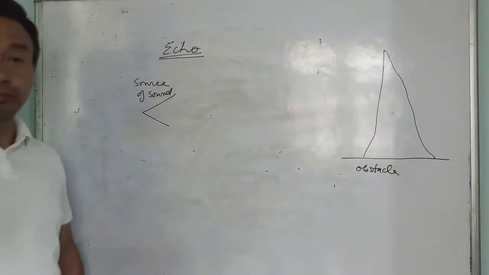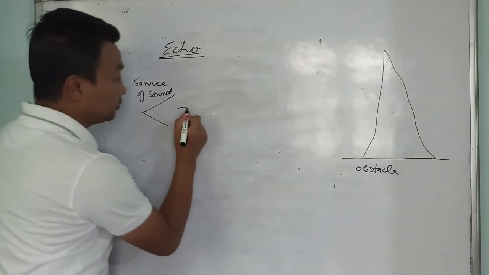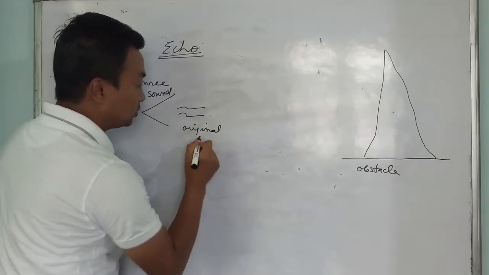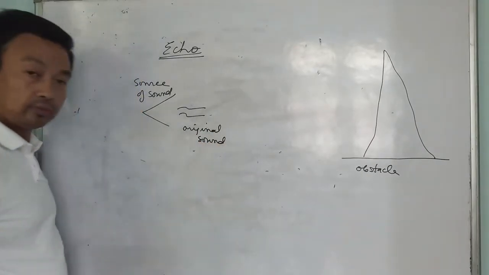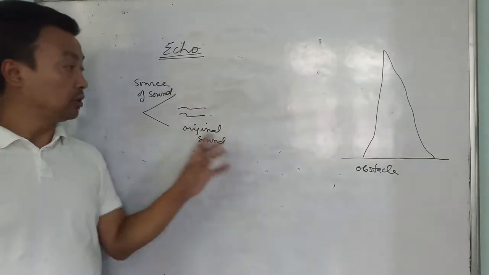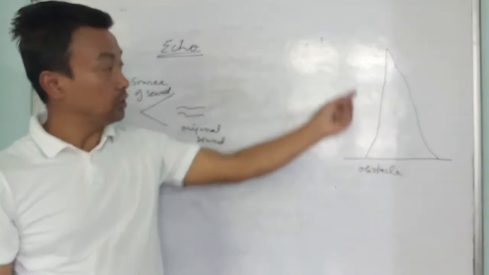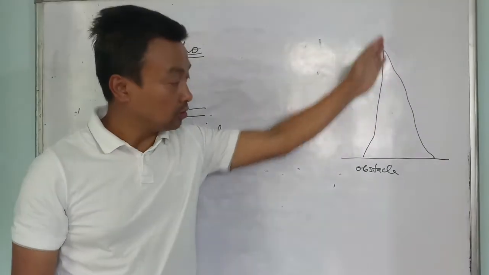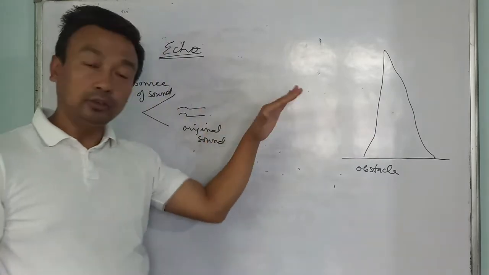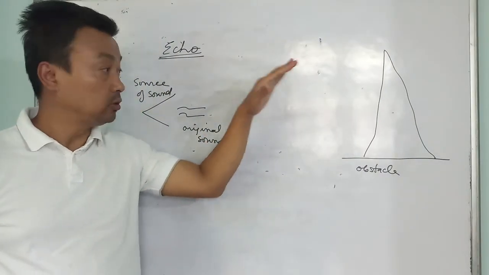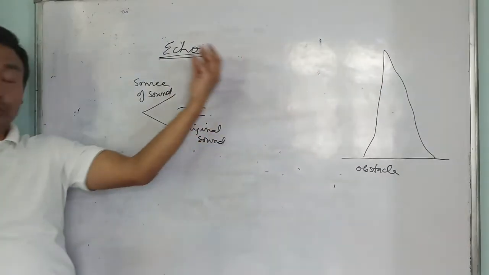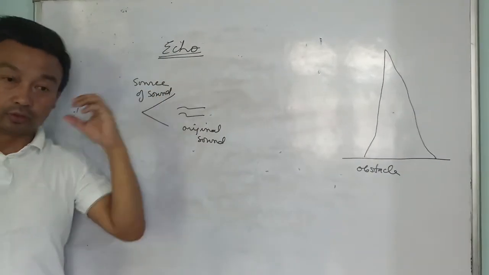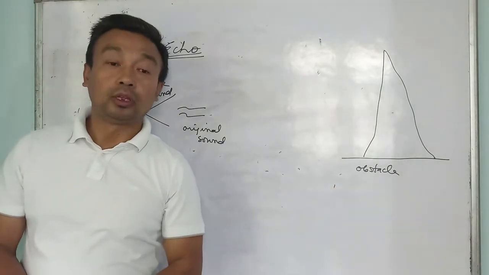A sound is uttered from here, this is your original sound. It travels in a medium, in this case air, and strikes the obstacle. The original sound will cease, then another sound returns back and is heard by the source. That is called the echo.